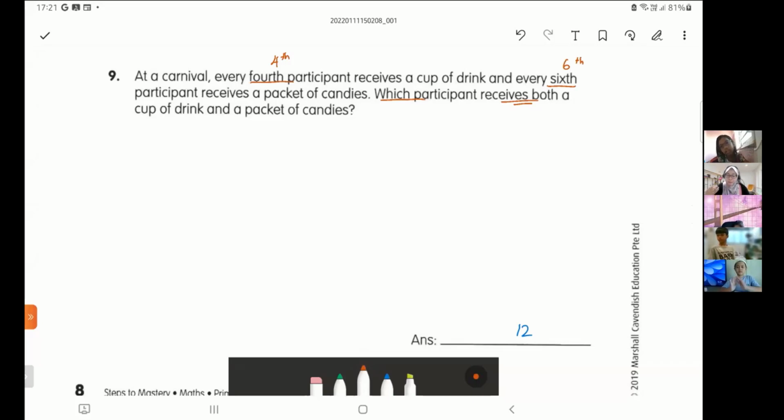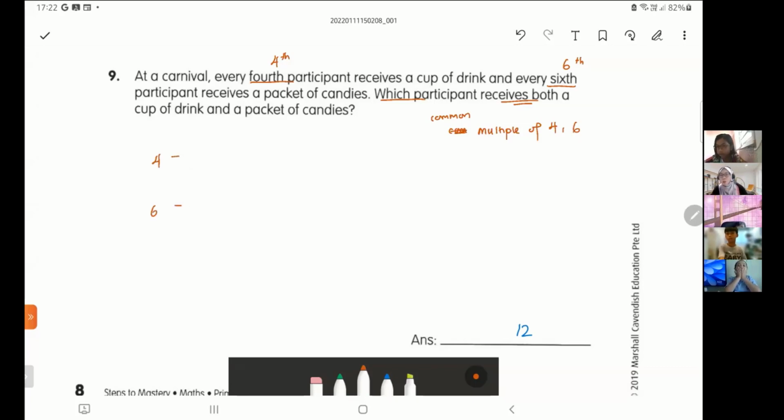When they say both means in times table 4, in times table 6, there will be a common number where you see that both of the times tables have, right? So that participant with that common multiple receive both drink and candy. So in this case, it is actually just trying to find the common multiple of 4 and 6. So 4 and 6 times table.